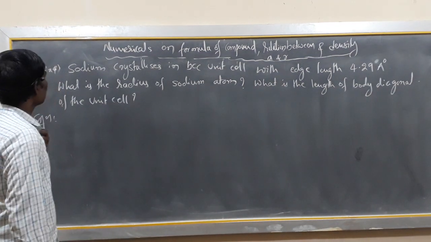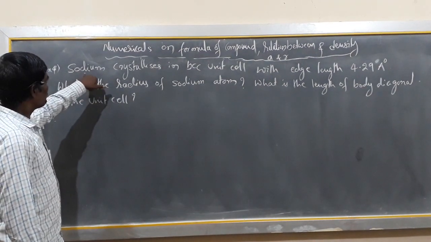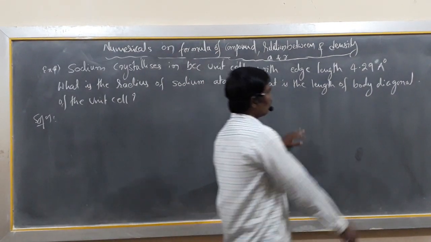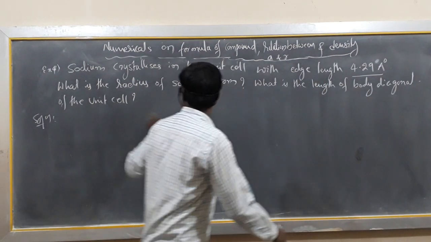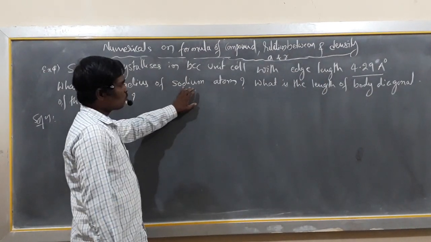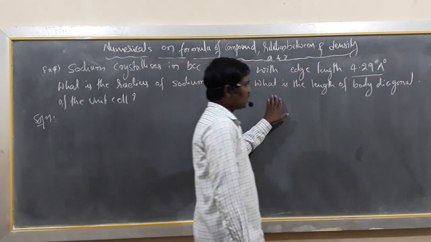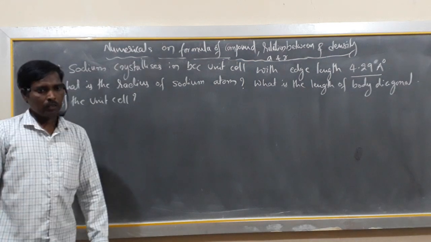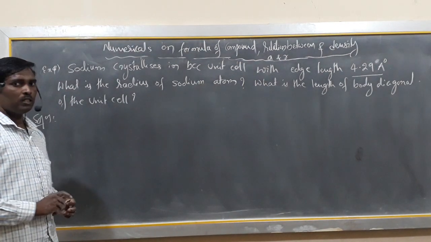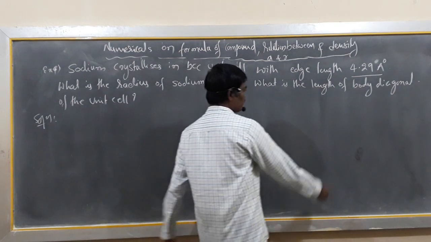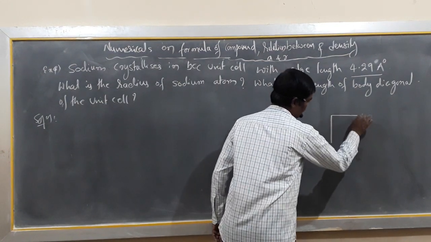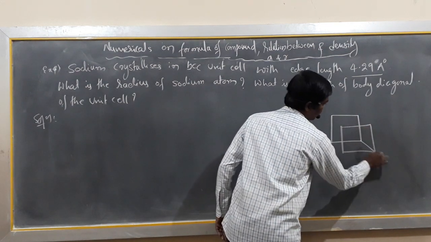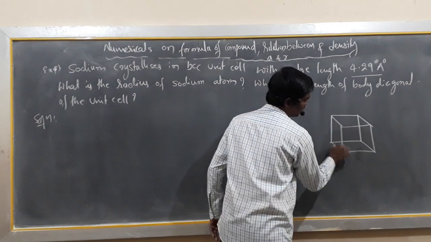Next example, friends. Let me read it. Sodium crystallizes in a BCC unit cell with edge length 4.29 angstrom. What is the radius of a sodium atom, and what is the length of the body diagonal of the unit cell? Here, sodium crystallizes in a BCC unit cell. We know the arrangement of the particles in a BCC unit cell: it contains 8 corner particles and 1 at the body center.